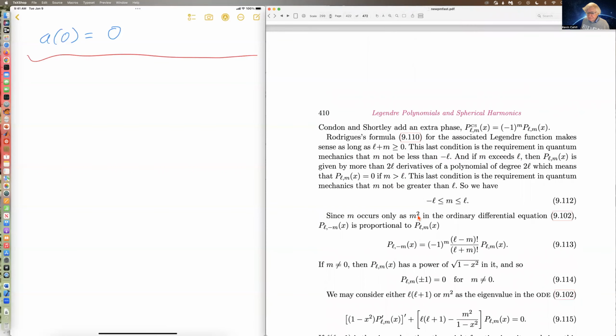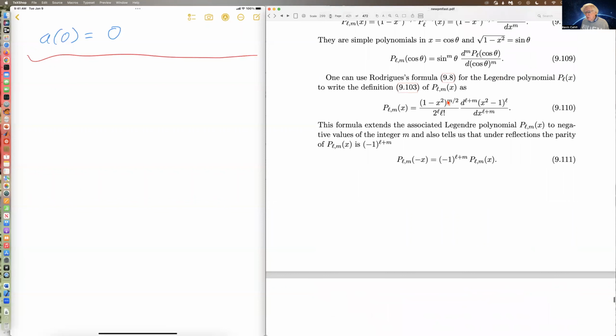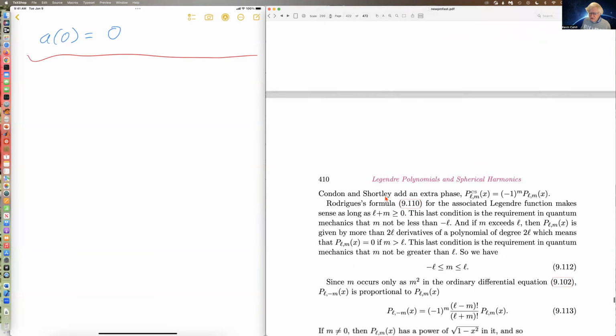And over here, what we see is that this formula makes sense as long as m isn't too negative. m can be -L, and then there's no derivative at all. But m can't be -L minus 1, or we again have negative derivatives.